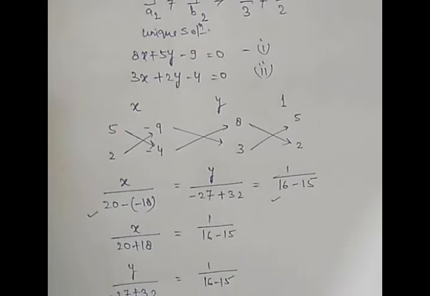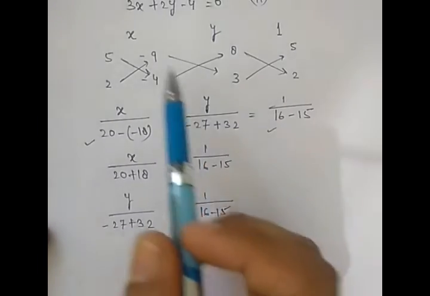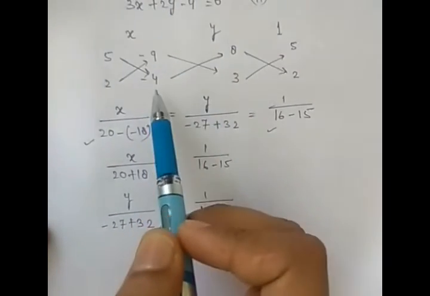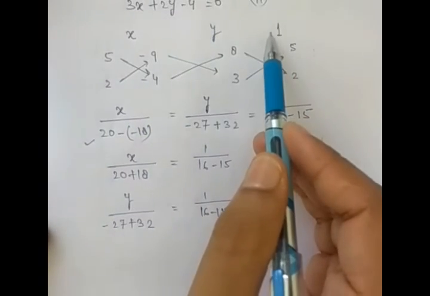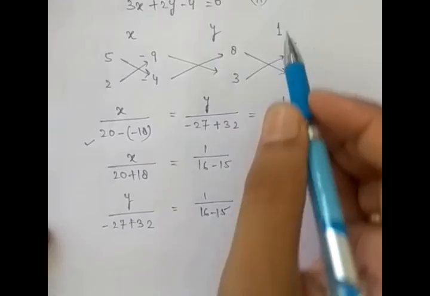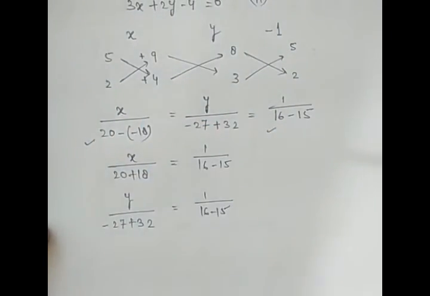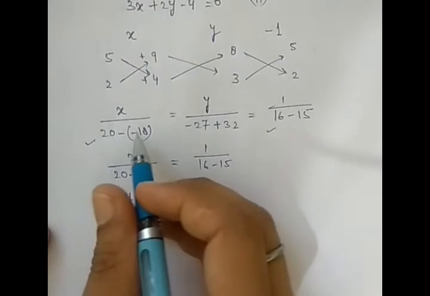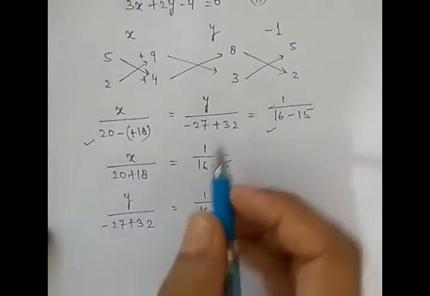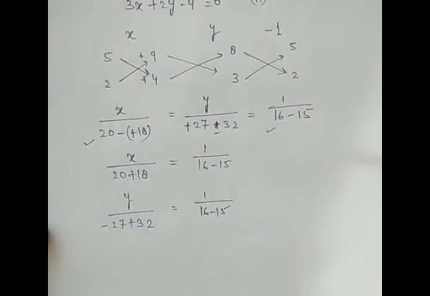Or we can do one more thing. Instead of taking these C1 and C2 negative, we can place one negative sign here and solve it also. So instead of this, if we want, we can take it like this, then the positive sign will be here and the negative sign will be here.